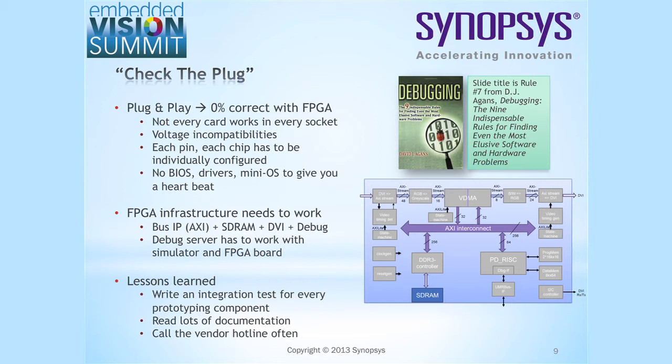And then, while we have a great tool to generate a processor, there is also IP on the floor plan that you have to go and add. And so we needed to go find an AXI bus, SDRAMs, DVI, and then something to connect the debugger to.